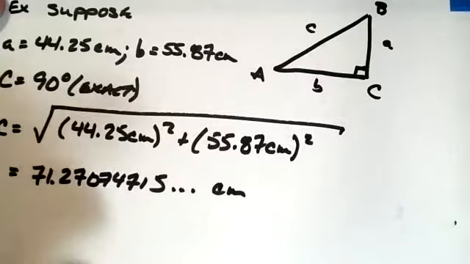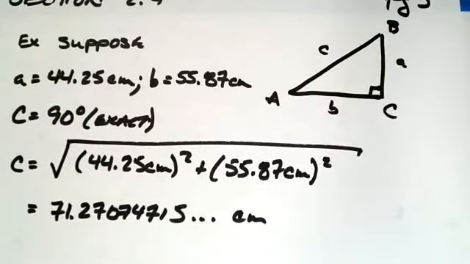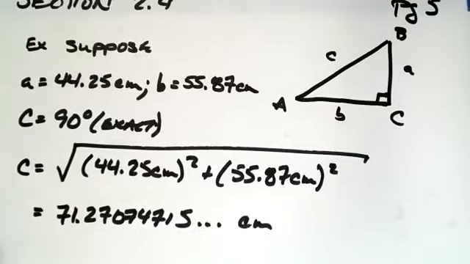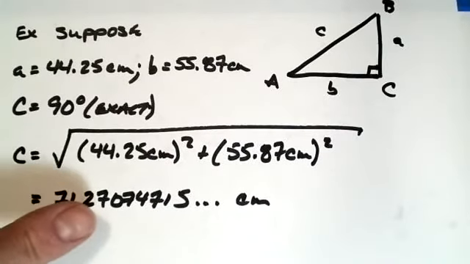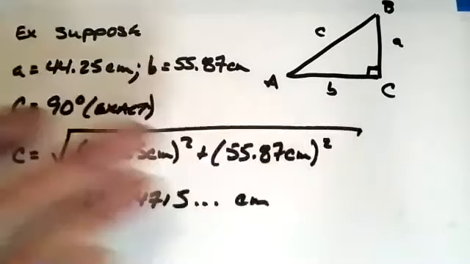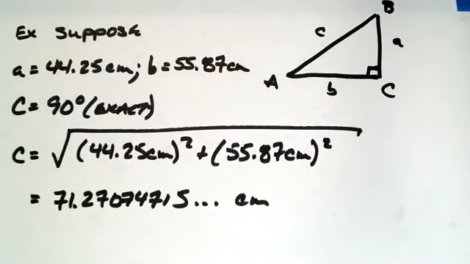It is critical for you to understand that you only apply the rules of significant digits at the end. If we had to use little c for some further calculation, we would not use the rounded value. We would use as many of these digits as we could hold, because otherwise you end up with something called a rounding error, which needs to be avoided.